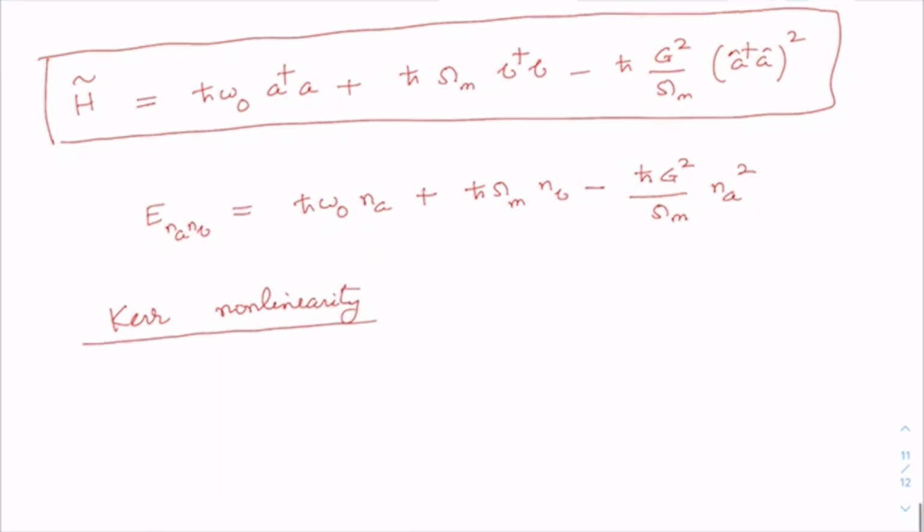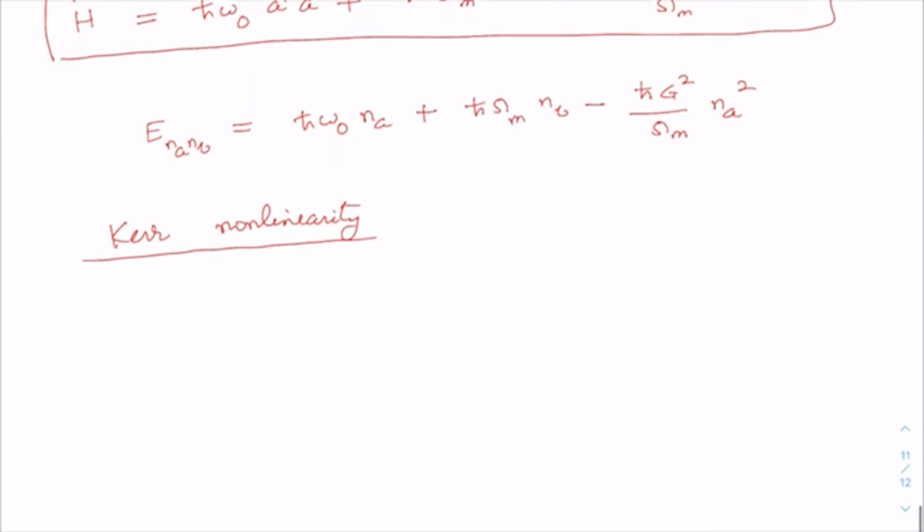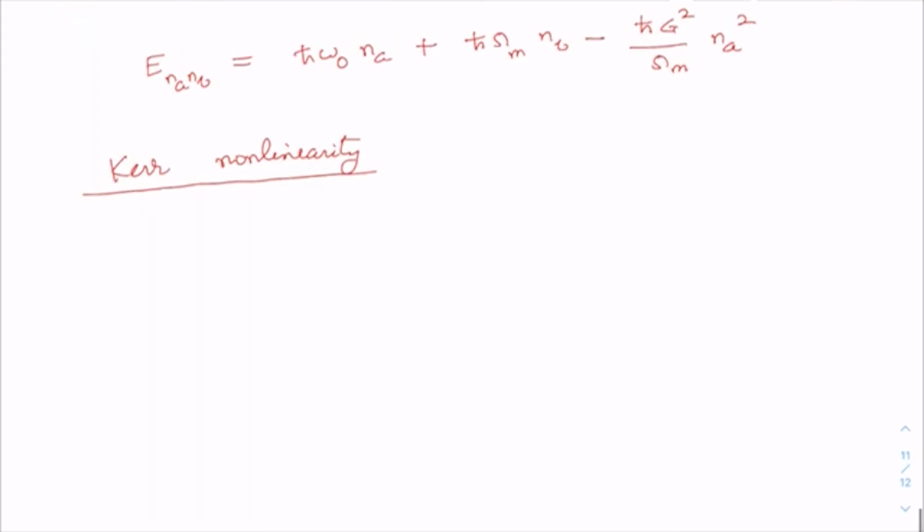Because of this optomechanical interaction, an optomechanical system is known to be inherently nonlinear. And by the way, maybe you know that a Kerr medium is the one where the optical path length depends on the optical intensity. Let us understand it a little bit more.